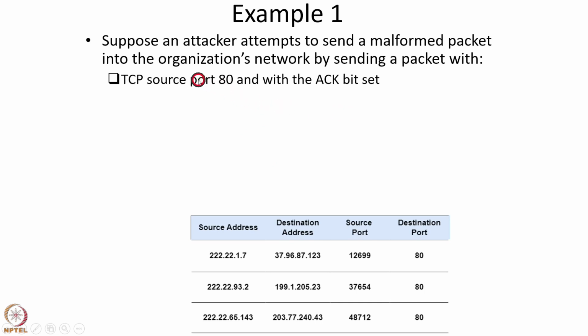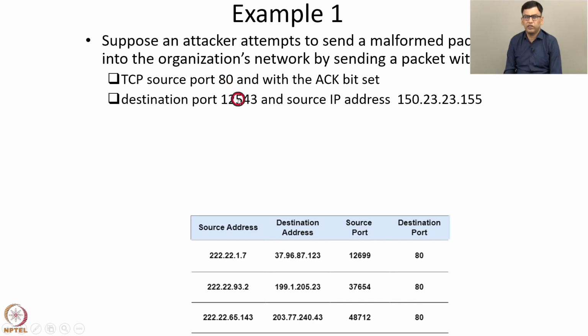This packet looks as if it is being sent by a web server outside the organization's network in response to some request for web service by a host inside the network. Suppose the destination port is 125.43 and the source IP address is 150.23.23.155, which is an IP address outside the organization's network.